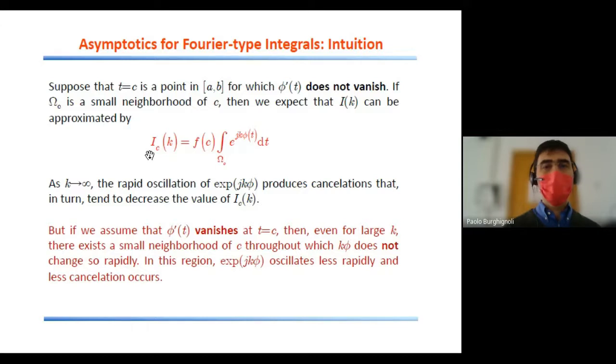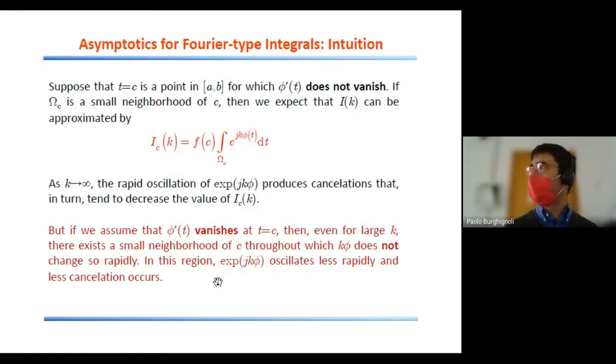However, if we instead assume the first derivative of phi vanishes at t equal to C, then even if k is a very large number, there will always exist a small neighborhood of the point C throughout which the product of k and phi does not vary so rapidly. So in this region, the exponential oscillates less rapidly than anywhere else, and so less cancellation occurs.